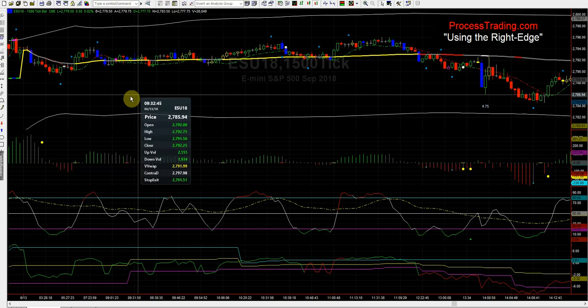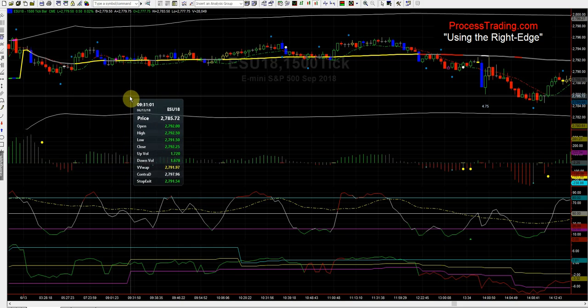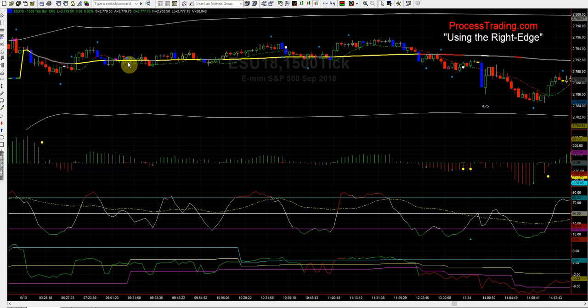We see that the day started out right over here, in this area, and it just bounced around the VWAP. Now, this VWAP line also serves as support and resistance, and it also serves as a regression to the mean line, which we'll talk about in a minute.